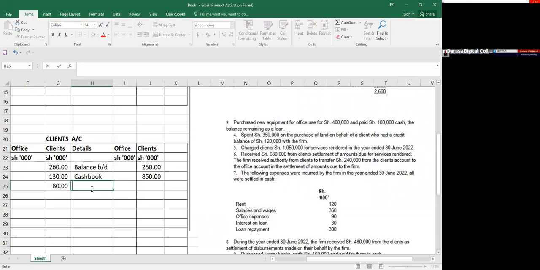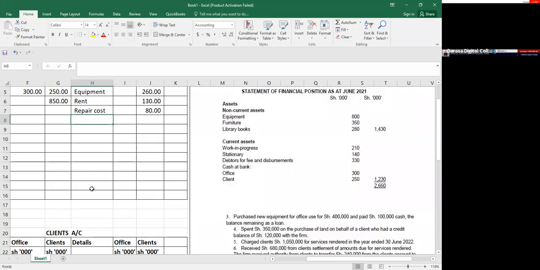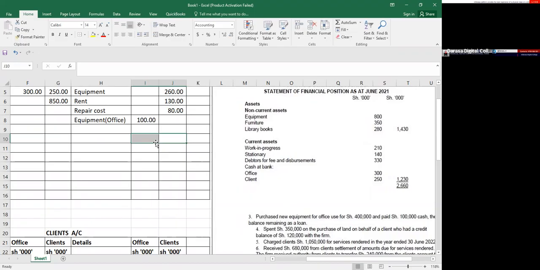Cash, that is our cash book. Equipment, in the office column, 100,000, because it was relating to our office.